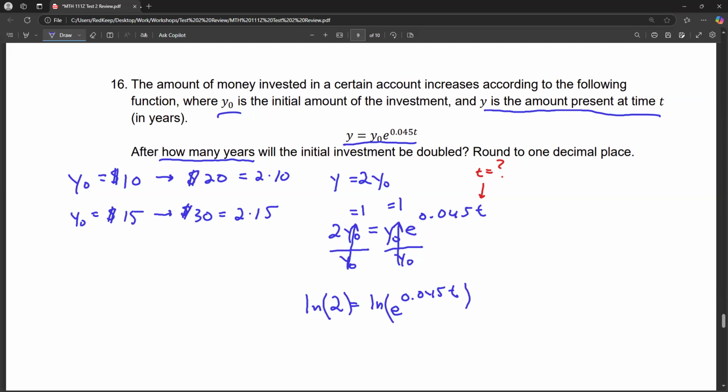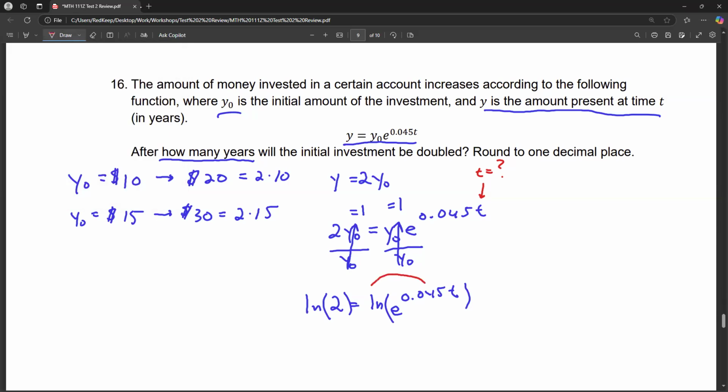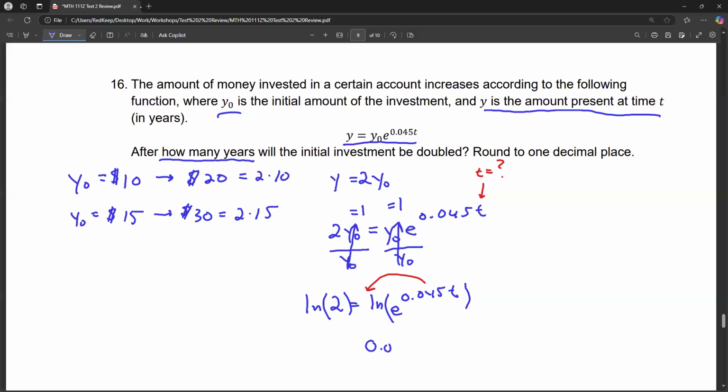Let's remind ourselves, this is really cool: the exponent comes down and is now the coefficient of our logarithm. So let's rewrite that. We have 0.045 times t times the natural log of e, and this is all equal to the natural log of 2. Write that down as well.